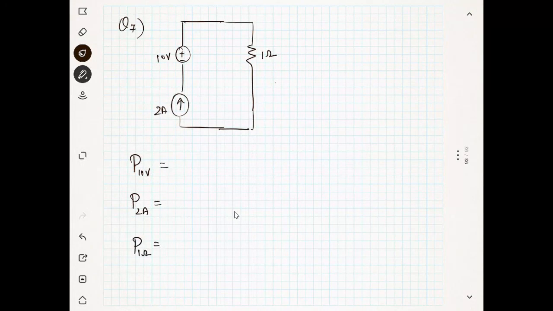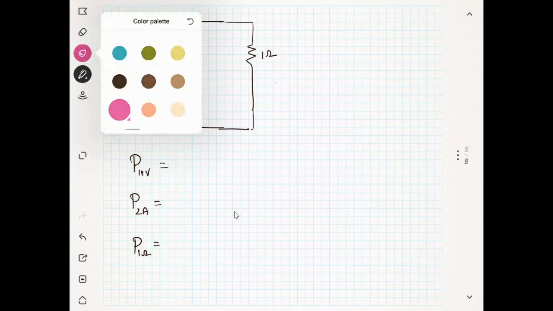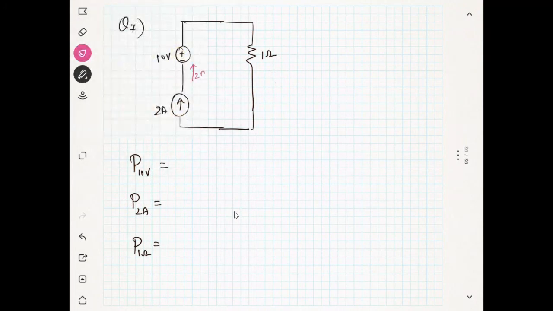You know that the current is the same throughout, so there is no doubt. When I consider the 10 volt battery, you can see the current is entering the negative terminal. Since the current is entering the negative terminal, this guy is actually delivering the power. So 10 volt into 2 ampere, it is nothing but 20 watts.